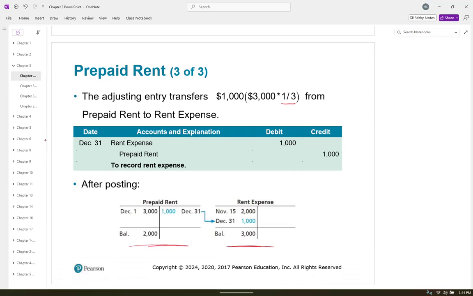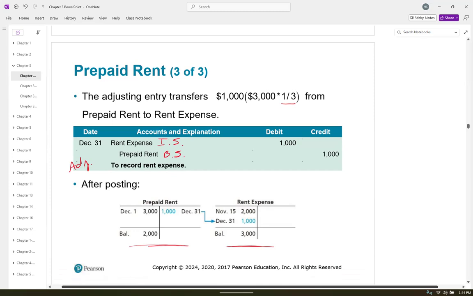Okay, so this is the adjusting entry. This is your income statement account. This is your balance sheet account. Remember, never cash, and always at the end of the period is when it will be dated. Okay, so you can kind of see in the T account what's going on here. That prepaid rent, we started it with 3,000.